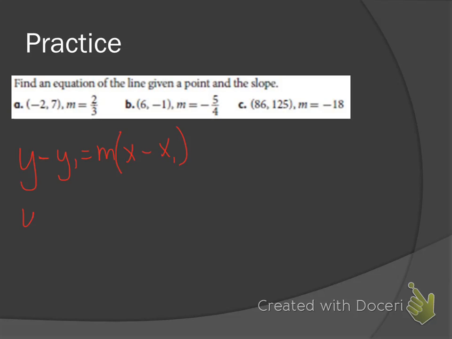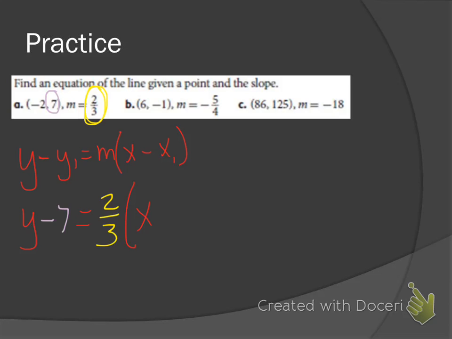So when I rewrite it, it's going to be y minus y1, and if I look, my y1 is 7, so it'll be minus 7 equals, if we look again, we'll see that my m is 2/3, so it'll be 2/3 times x.